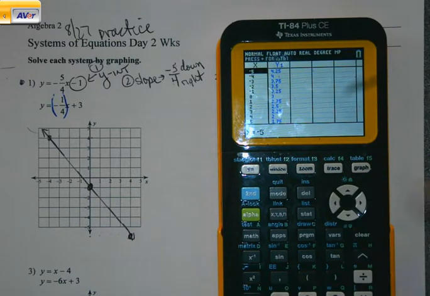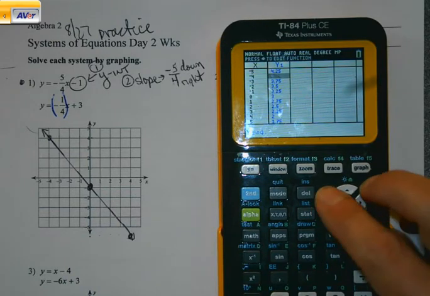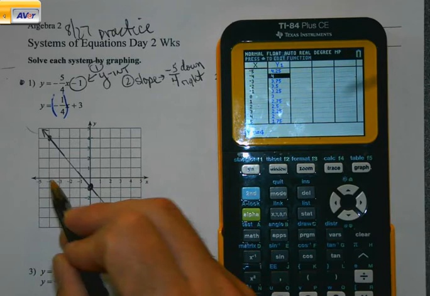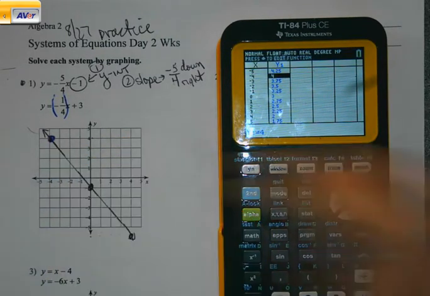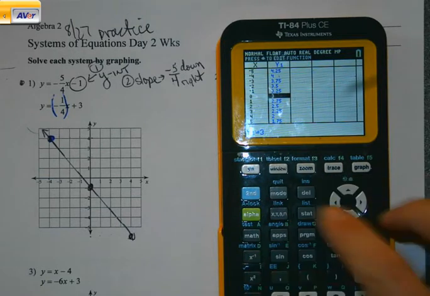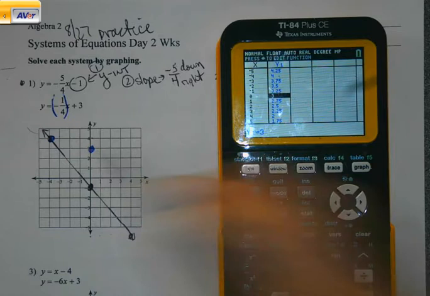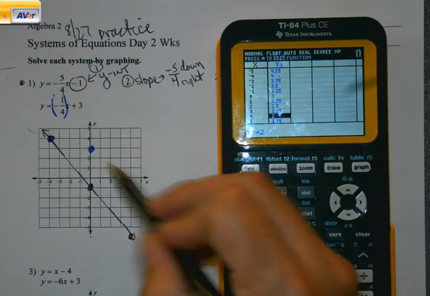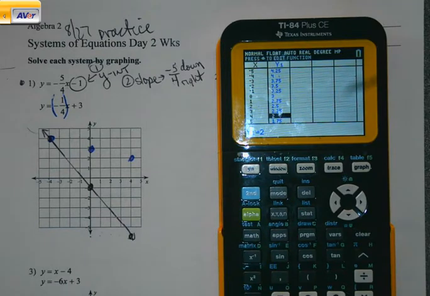So what I typically do is, I'm only going to look for the whole numbers. I don't want to get all the decimal stuff going. So, negative 4, 4, 0, 3, 4, 2, and I've got my 3 dots, okay?